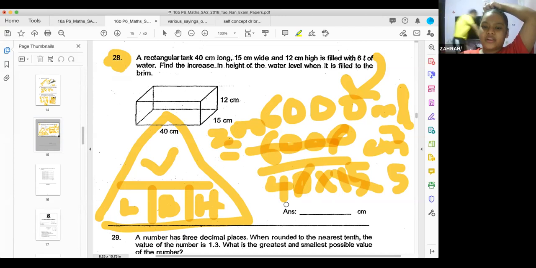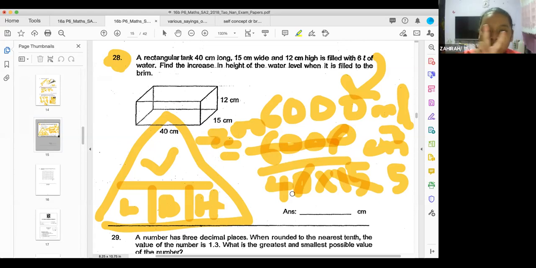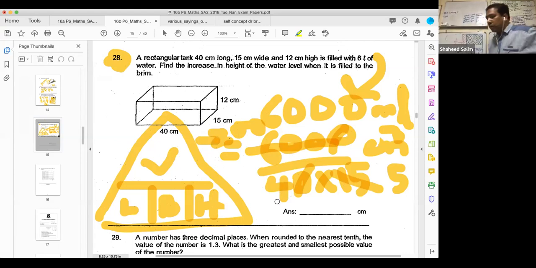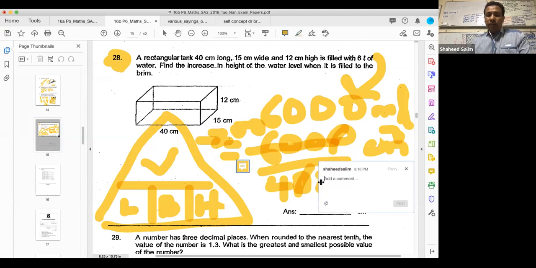Hold on, not yet. Too much. 6,000 divided by 40 divided by 15, how much do you get? I will do it then. 6,000, divide by 40 and then divide again by 15.